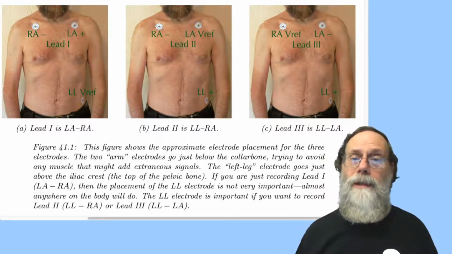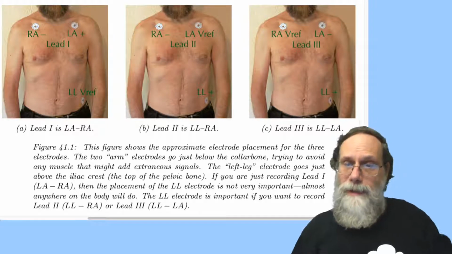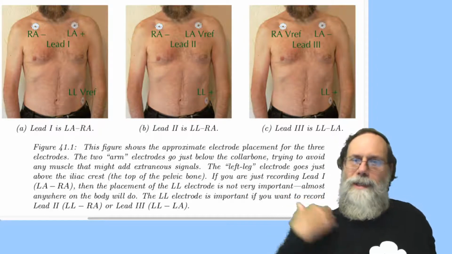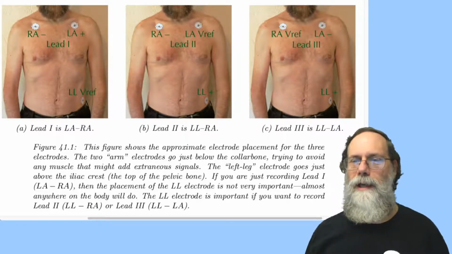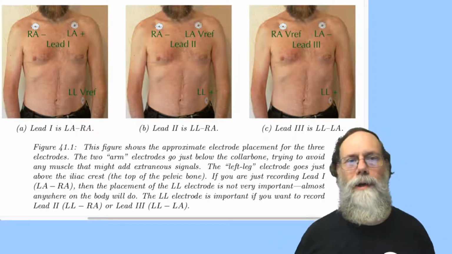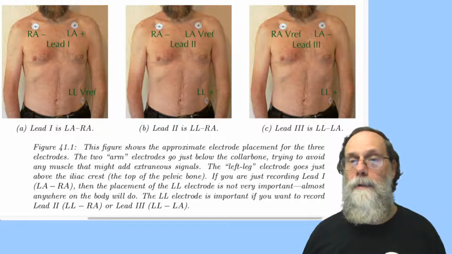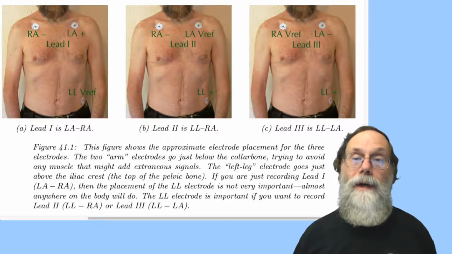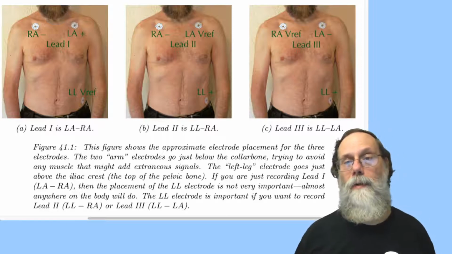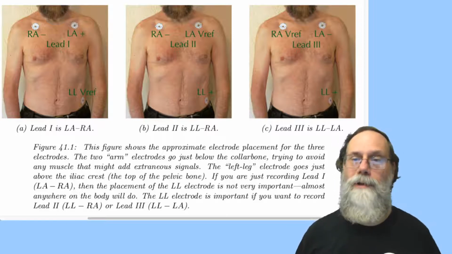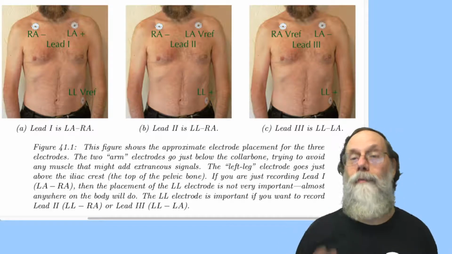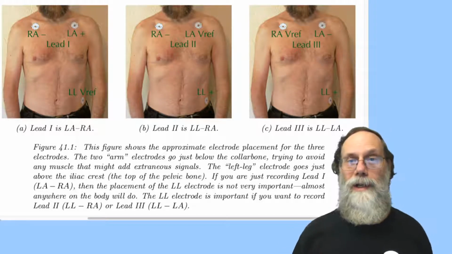If you get that, then try lead 2. That is left leg minus right arm. So it's looking diagonally across the heart instead of horizontally across the heart. And that diagonal path is more likely in many people to have the clean depolarization wave, as that depolarization travels along the septum, which is often oriented along the lead 2 direction.